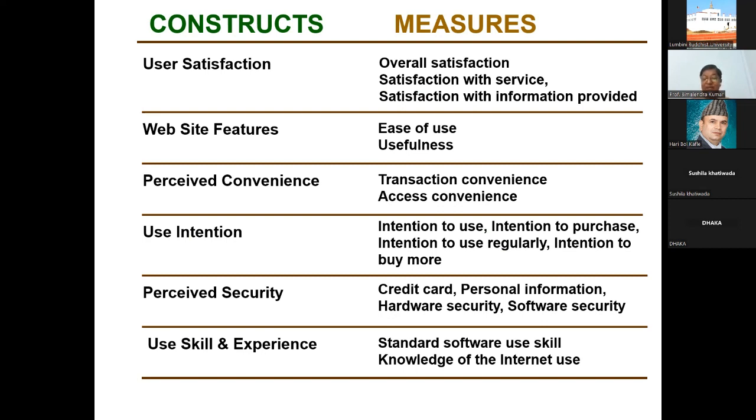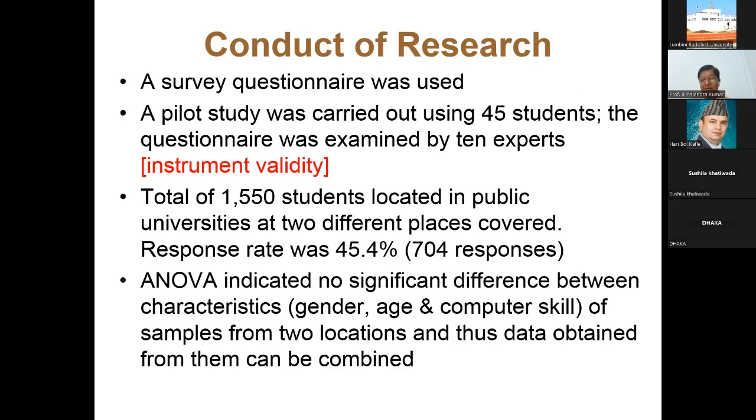Perceived security covers credit card, personal information, hardware security, software security. User skill and experience covers standard software use skill and knowledge of internet use. So these are some of the things we can understand about it.